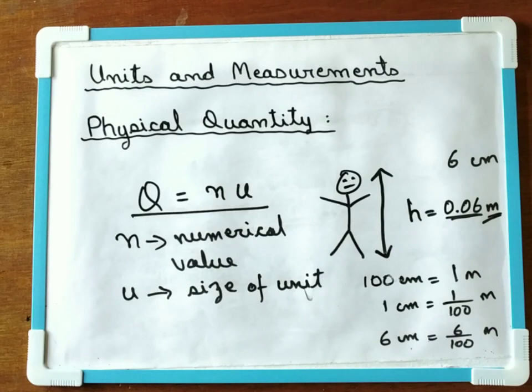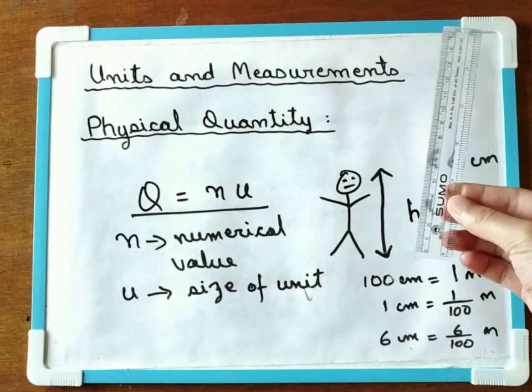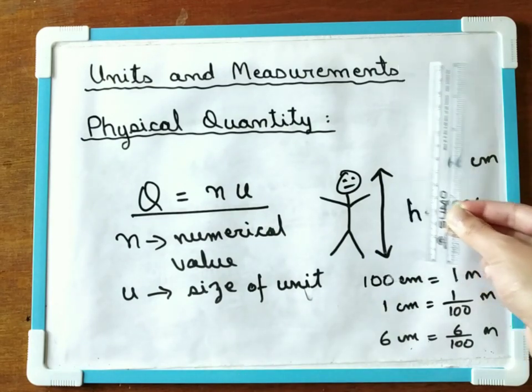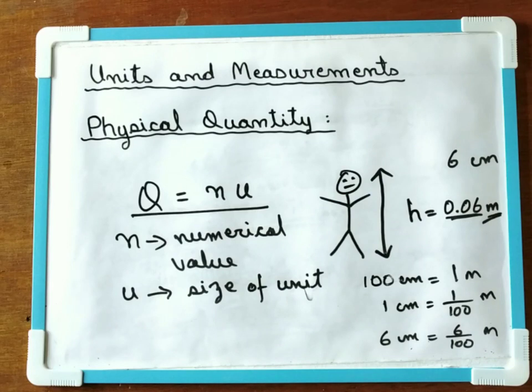Okay, and we'll have to compare the physical quantity which we are going to measure with this chosen standard of reference. For example, here we compare this height with this chosen standard, which is a unit of centimeter, to get the height of this stick person.